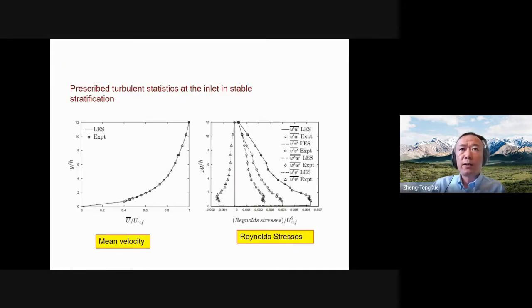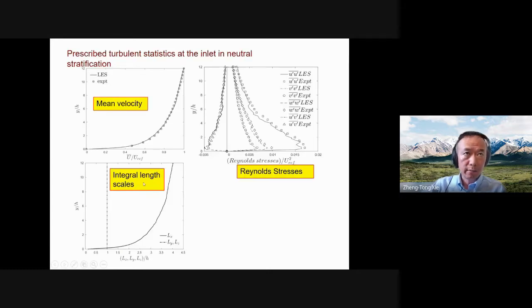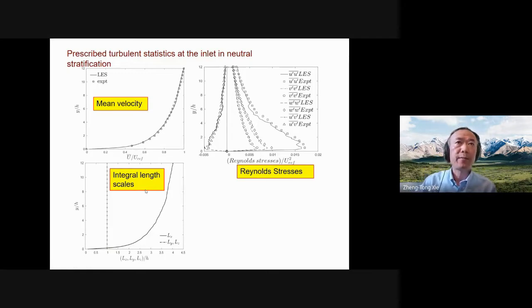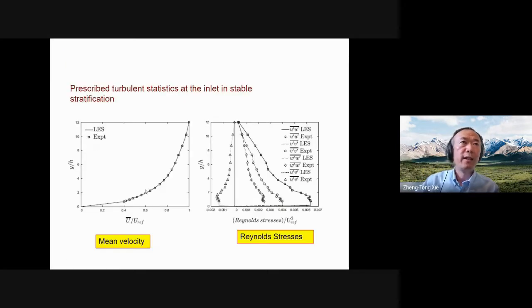This is the data we use to study the neutral stratification case. For the stable stratification case, luckily we can get data from the wind tunnel. This is the mean flow in stratification at Richardson number 0.2.